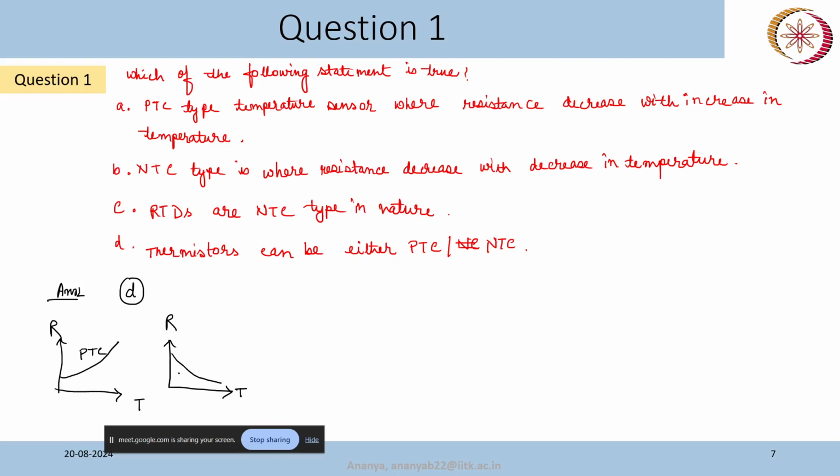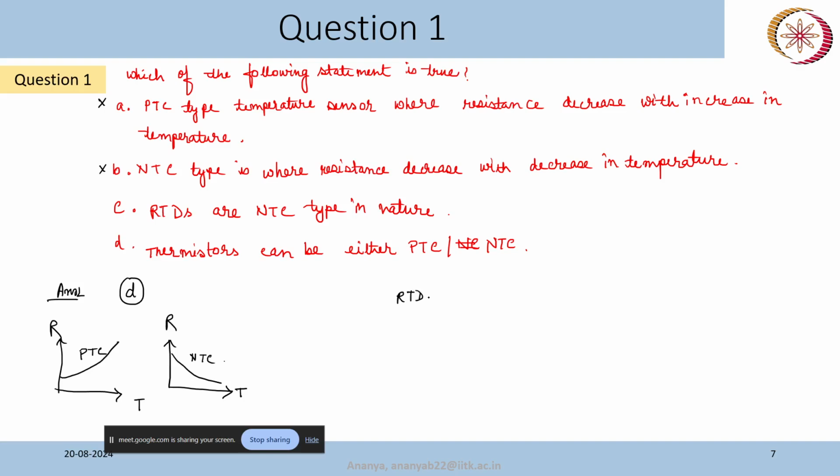The relation can be linear or exponential, but it will decrease in general. So the first two statements are not correct. Now, RTDs are NTC type in nature? RTDs can be NTC or PTC type.